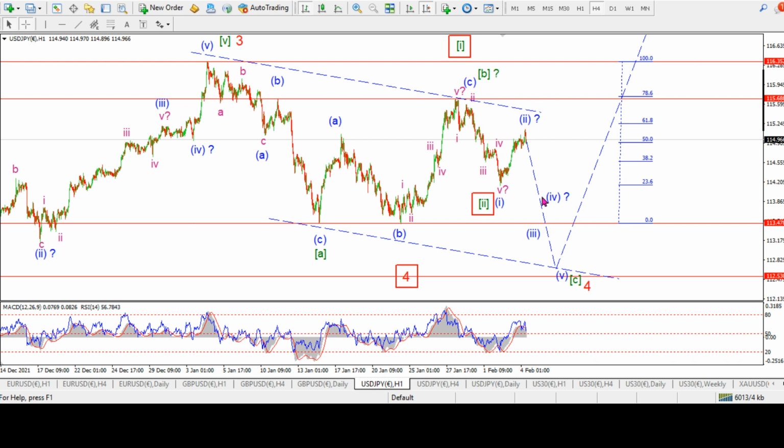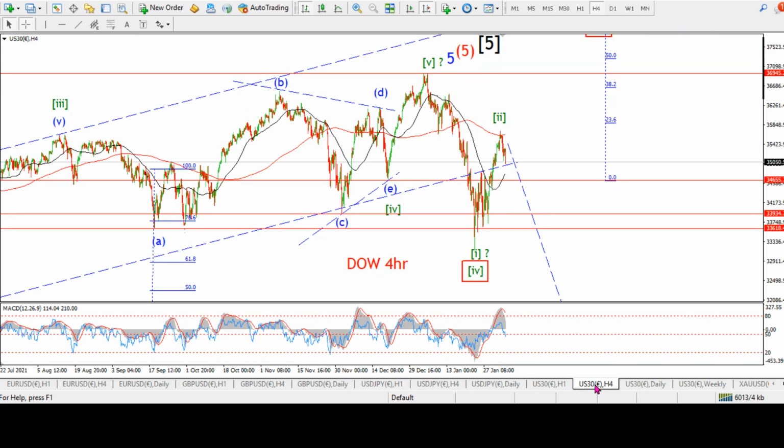We'll have to see whether wave 3 actually begins today, or we get some sort of a larger pattern here within wave 2 unfolding over the next day or so. Anyway, for next week, I'm still going to look for that culmination of a C wave decline in wave 4 down around 113 again. Let's move on to the stock market.